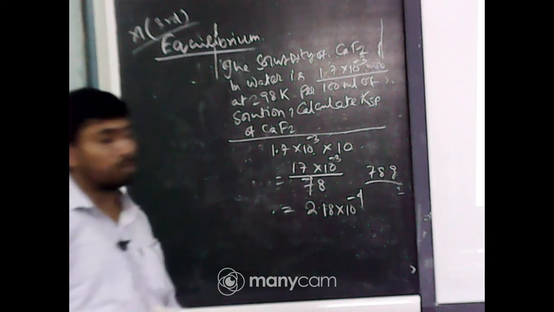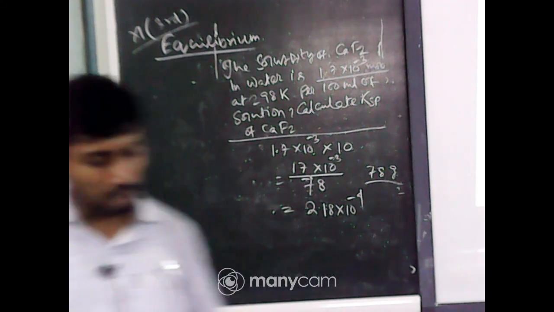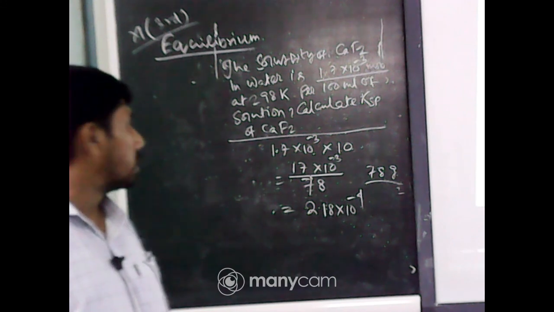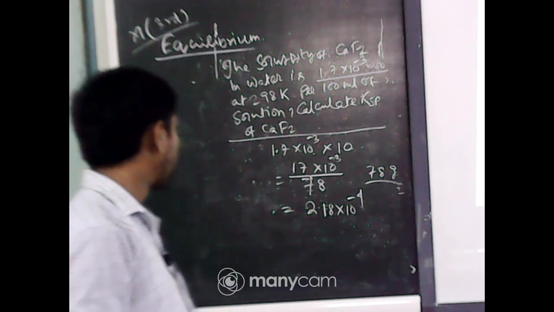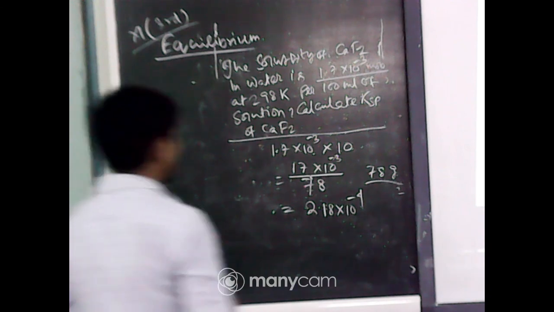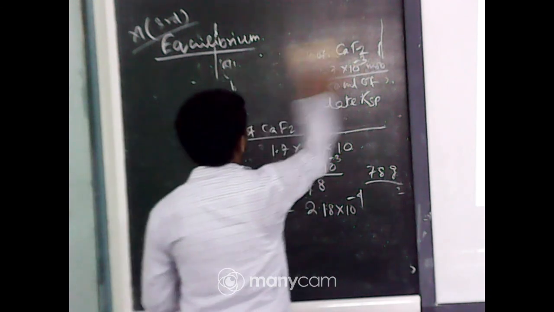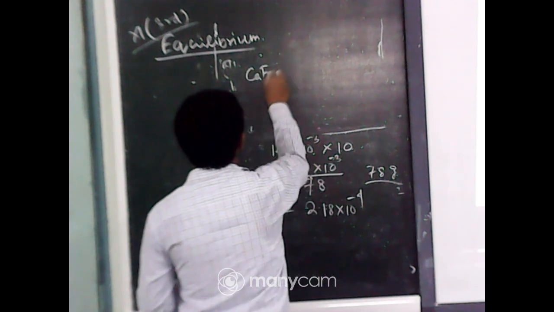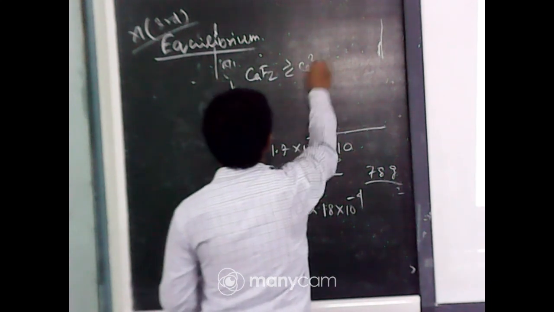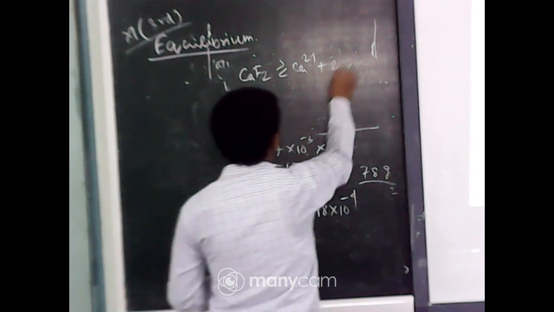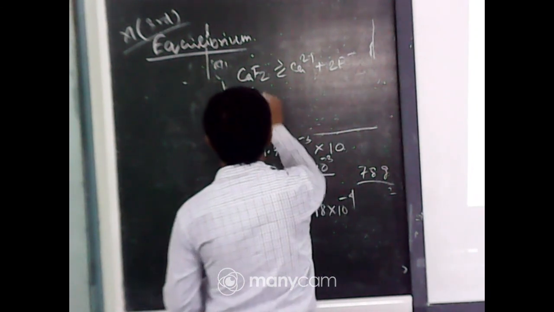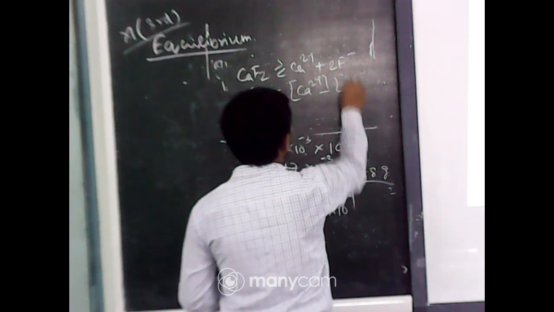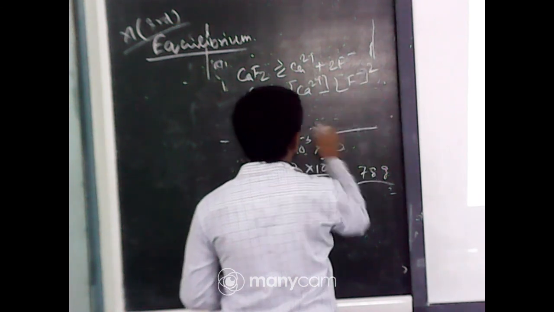Now we have to move to the solubility equation. So write down the solubility equation: CaF2 gives Ca2 plus and 2F minus. Ksp is equal to the Ca2 plus concentration into the F minus concentration square.